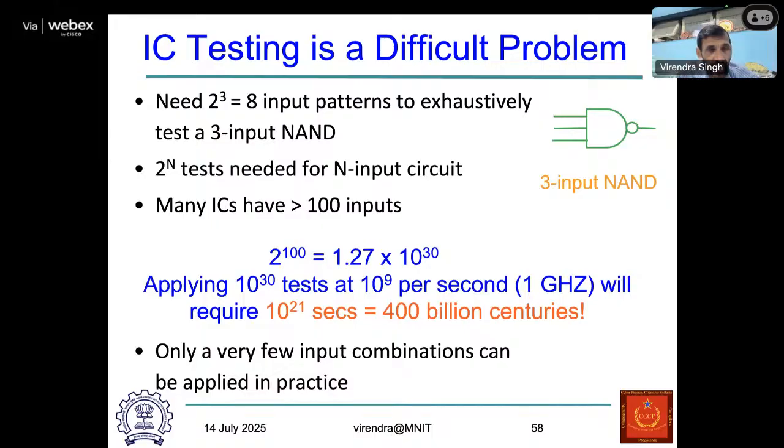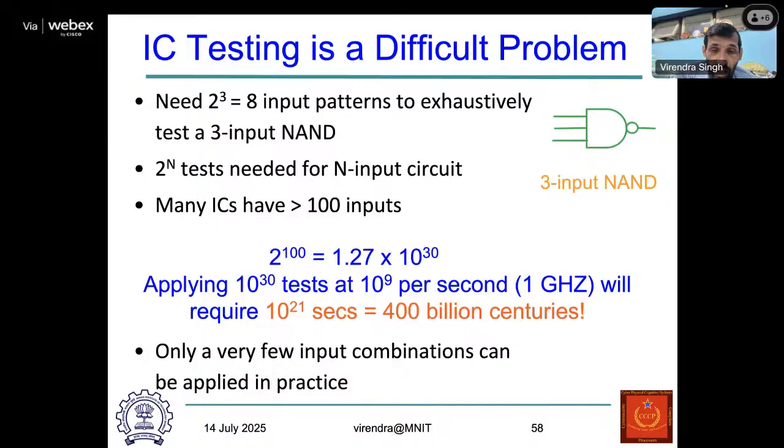So let's say that here I have an IC which has 100 inputs. In that case, I need to apply 2 raised to the power 100 inputs. Now 2 raised to the power 100 is roughly equal to 10 raised to the power 30 inputs that I need to apply.